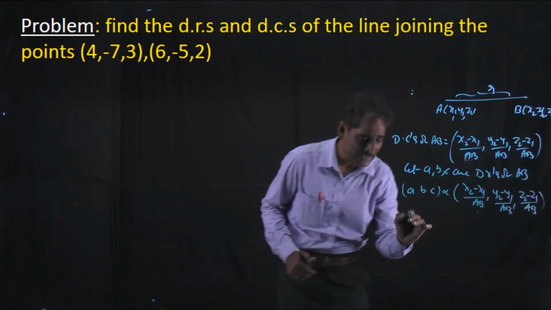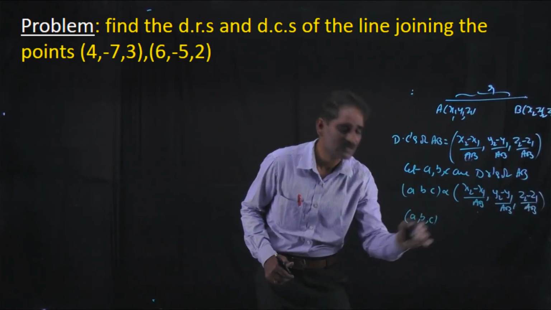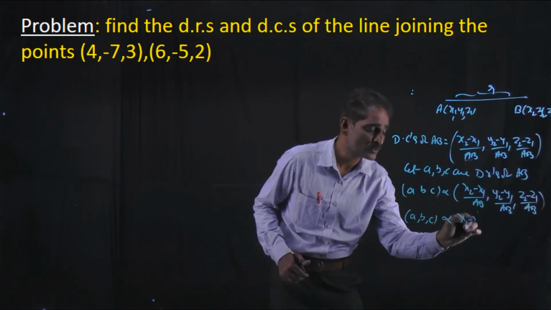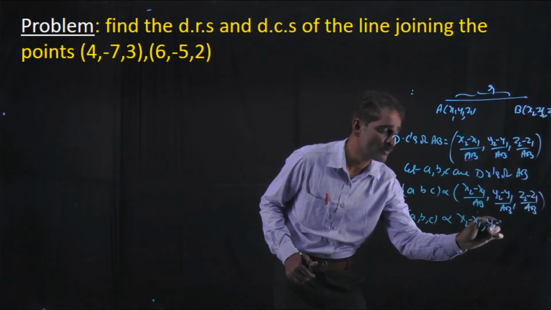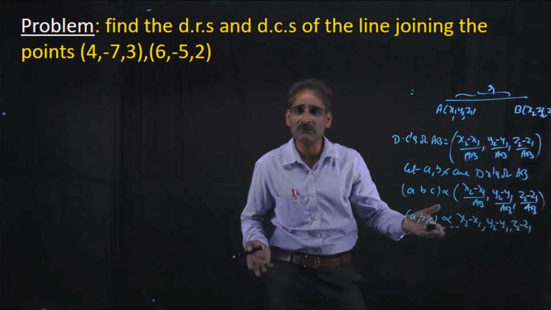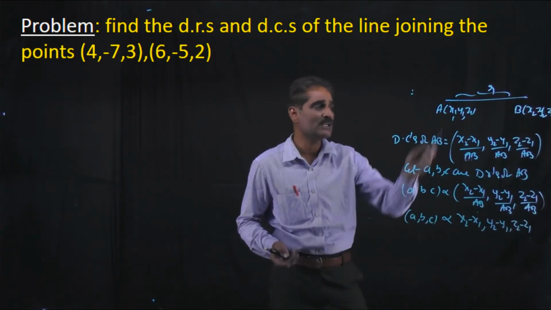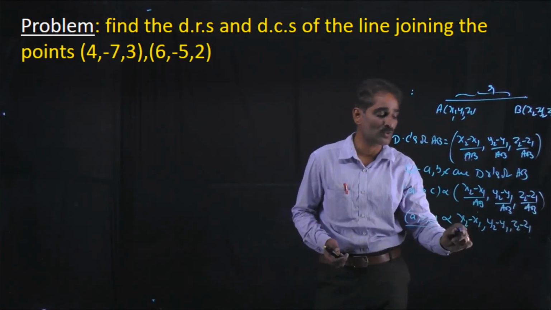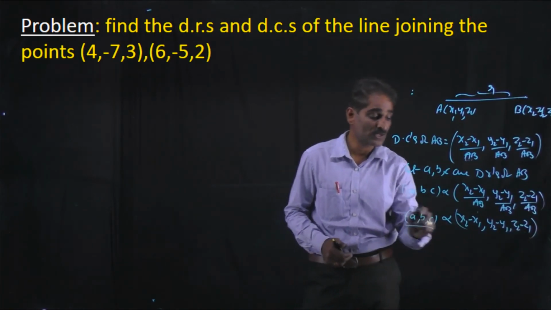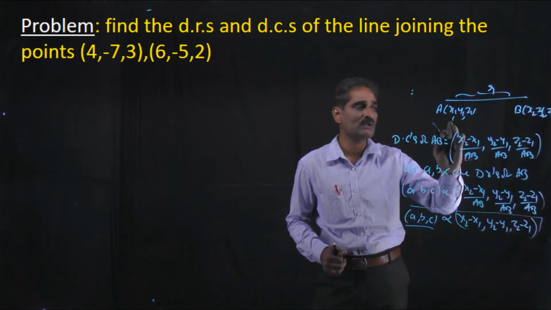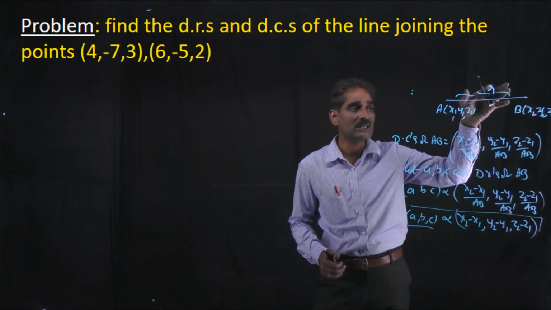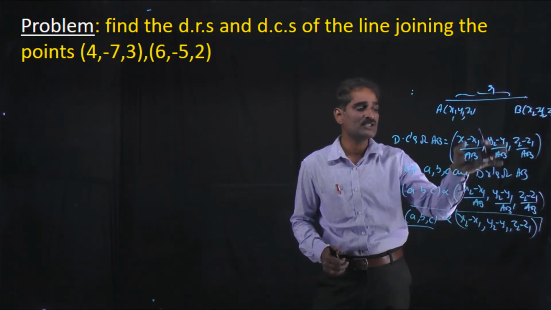Otherwise, A, B, C are proportional to x2 minus x1, y2 minus y1, z2 minus z1. Proportional values are nothing but DRs. Here the DRs of the same line are A, B, C equal to x2 minus x1, y2 minus y1, z2 minus z1. This is an important relation. If (x1, y1, z1) and (x2, y2, z2) are the 2 points on the line, the DRs of the line equal this one, and the DCs of the line equal this one.